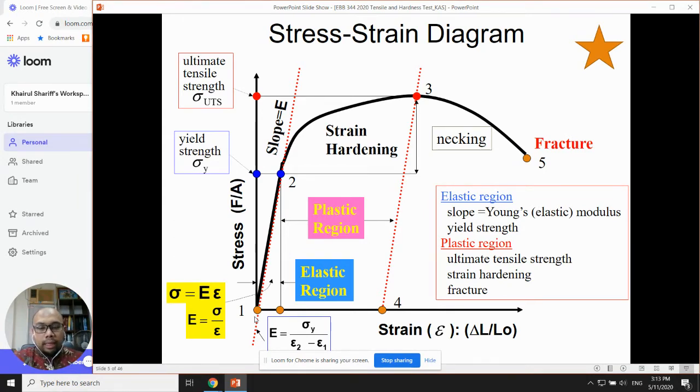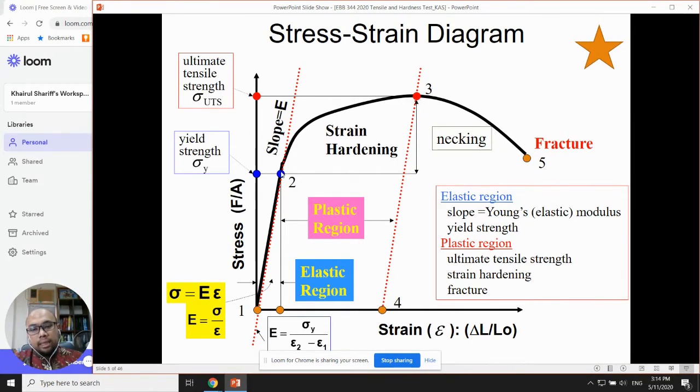When you pull, the reading will increase gradually until the measurement reaches the yield point. What is the meaning of yield point or yield strength? In the next slide I give some information you need to read about it. If you continue to pull the specimen and the reading exceeds the yield point, the graph will tend to increase until it reaches the maximum peak of the graph.